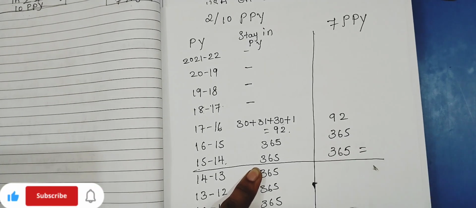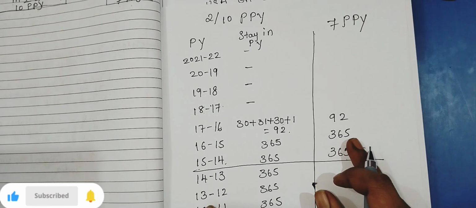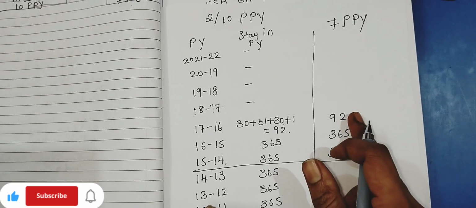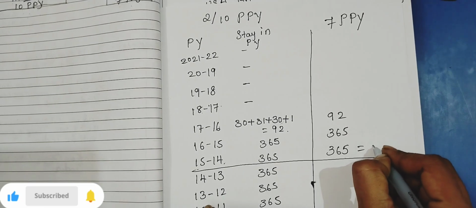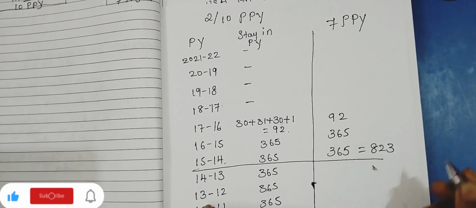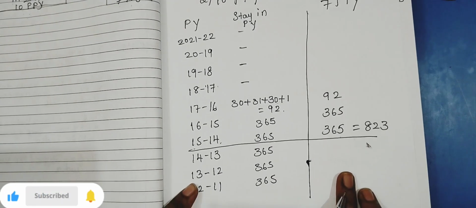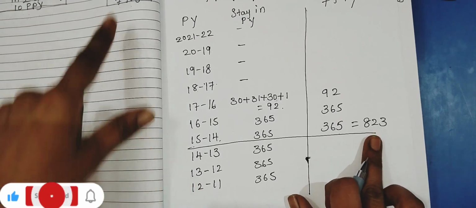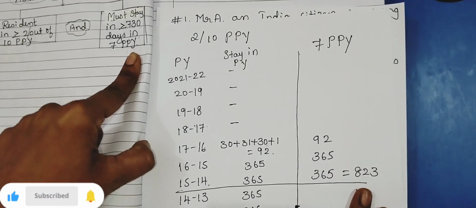What is the total? 365 plus 365, 730 plus 92, 823. 823 days, more than 730 days, right?